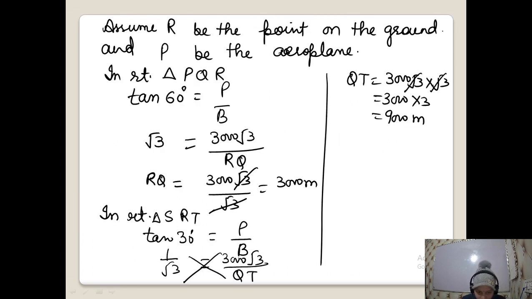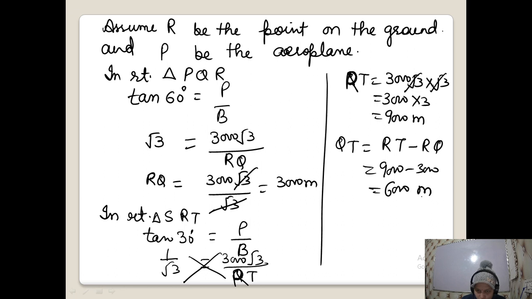Here you have to write RT because we have taken the full, so that's why here RT is equal to 9000. You can find QT is equal to RT minus RQ. 9000 minus 3000, 6000 meter is QT.